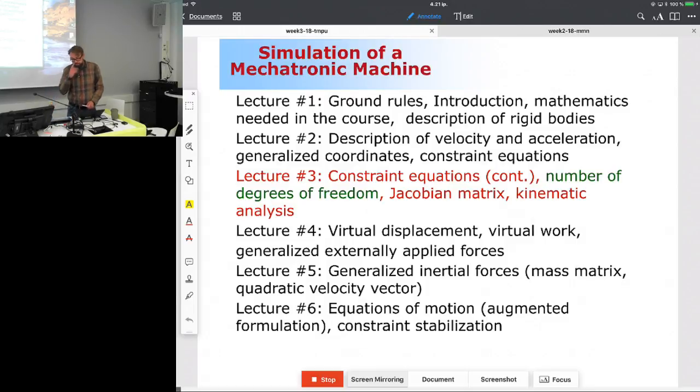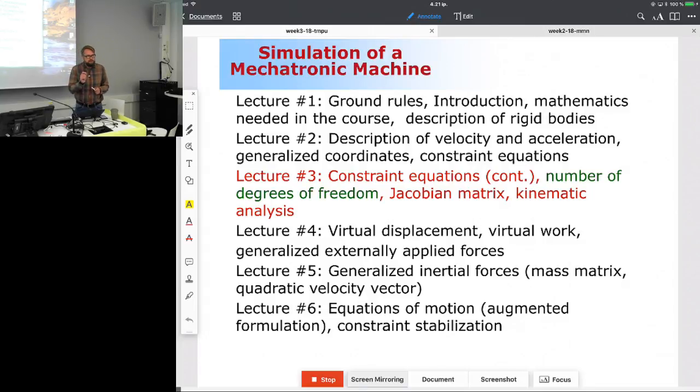Okay. So if things go smoothly today, there is a possibility that we can discuss kinematic analysis today. That means that we can solve the responses by using constraint equations only. And we already know what kind of systems we can analyze by using kinematic analysis: those where the number of degrees of freedom is equal to 0.